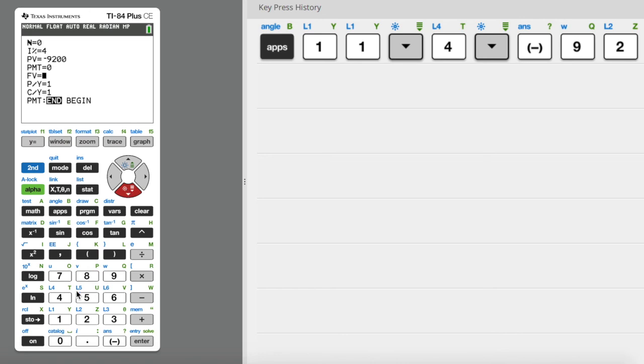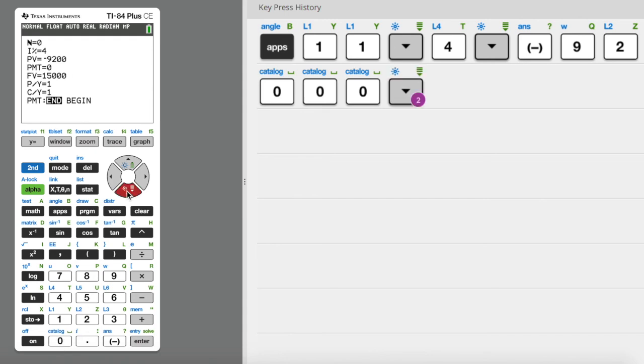Future value is 15,000. Now you're bringing this money back to yourself, so this is positive. We're going to try to keep payments per year, P/Y, as 1 first. Okay, we're going to compare the results. And then number of interest compounding periods per year. This is quarters, so 4. All right. Payments are made at the end of each period.